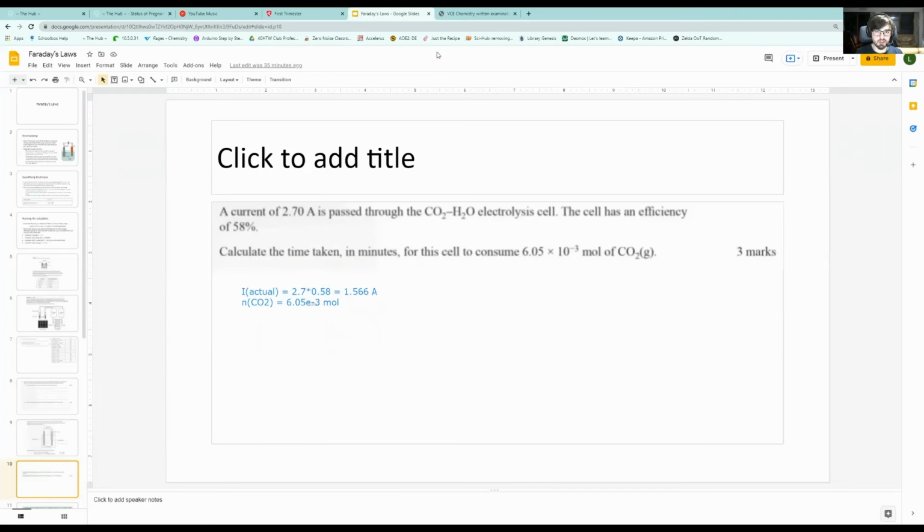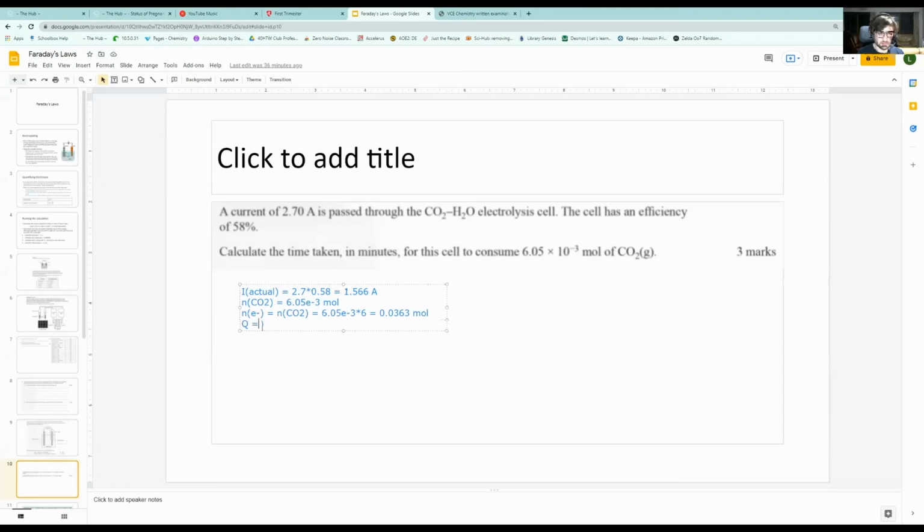So there will be 6 times as many electrons as carbon dioxides. All right, 6.05 e neg 3 times 6 is going to equal 0.0363 mole of electrons.